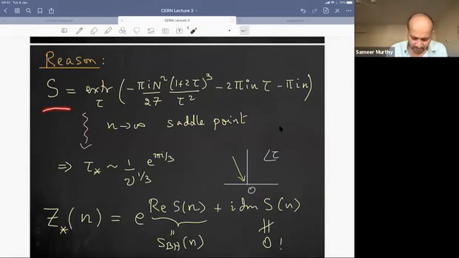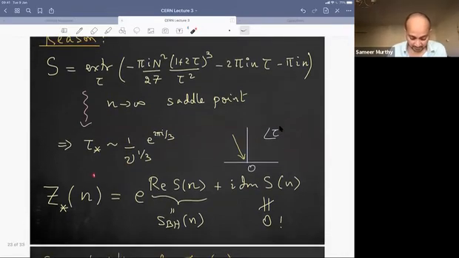If you calculate the value of the partition function at the saddle point, we already did the saddle point evaluation, so now I put n instead of tau because it's the same thing at the saddle point, you find that there's an exponential growth like the black hole, and there is a phase, so the imaginary part of the action is not 0. If it were 0, you would have got precisely the black hole. This is not a rapid oscillation. The rapid oscillation we've already taken care of by shifting tau properly.